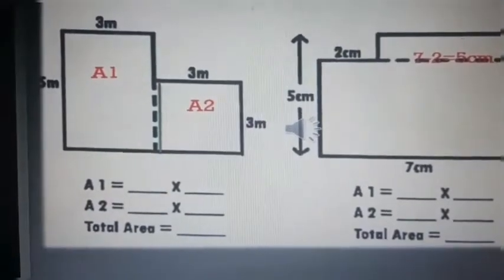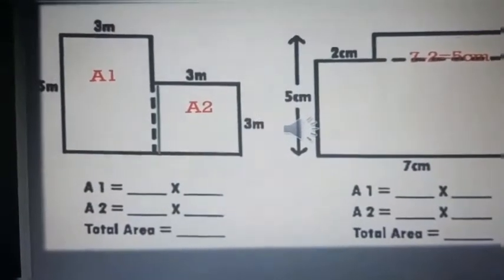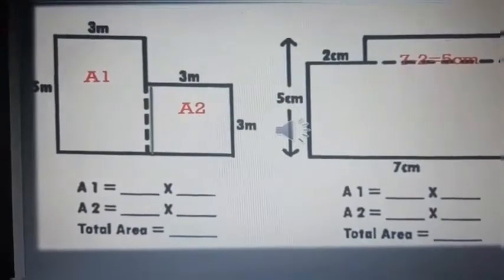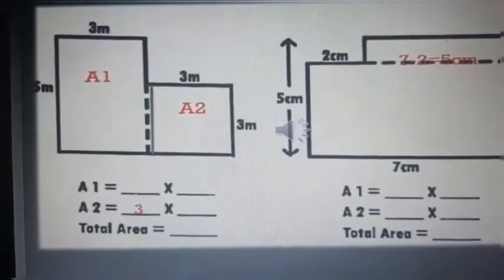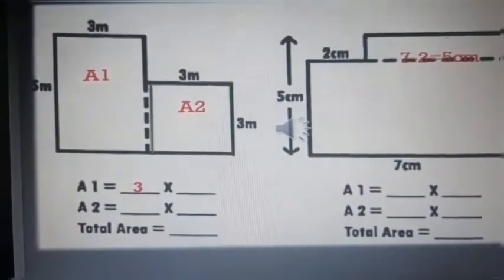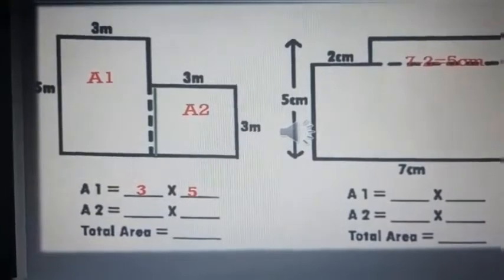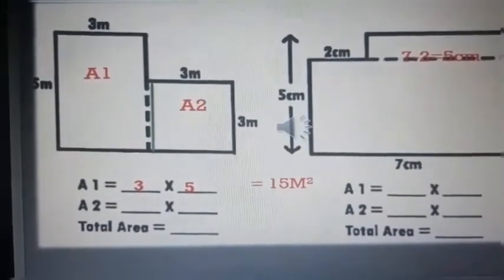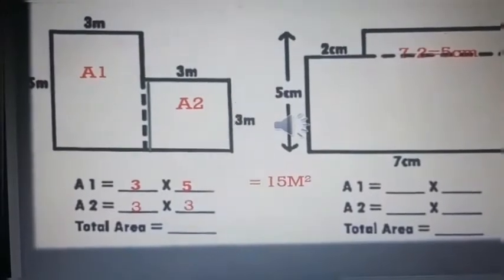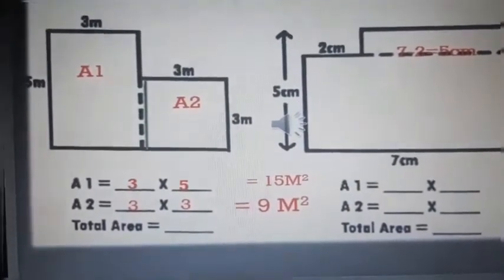What about the second shape? Here I have 2 dimensions, but they are equal. So 3 times 3 equals, yes, 9 meters squared. So the area: 3 times 5 equals 15 meters squared, and 3 times 3 equals 9 meters squared.